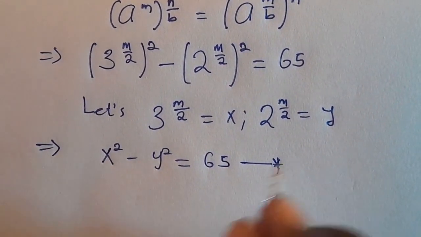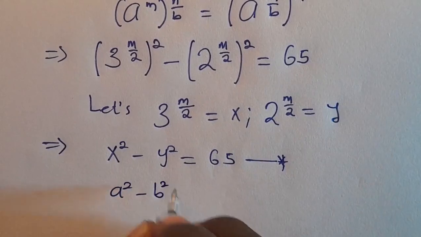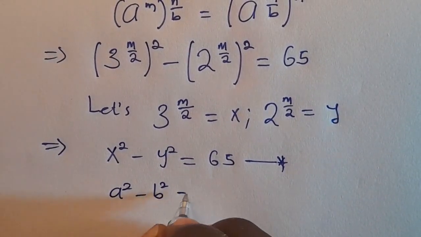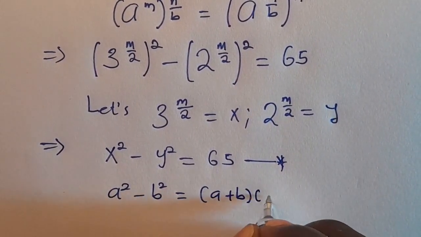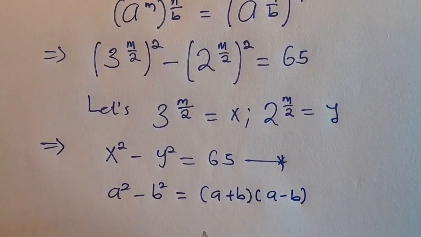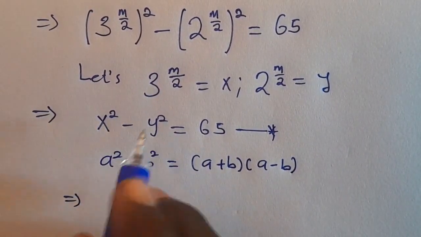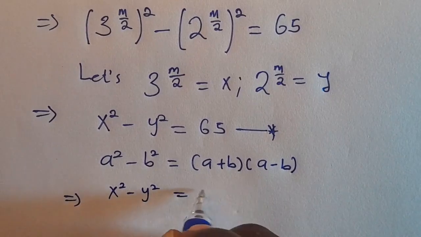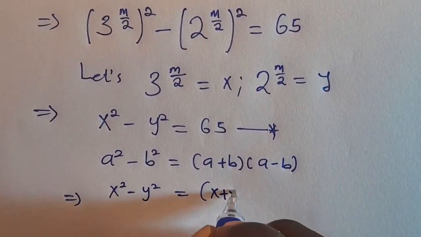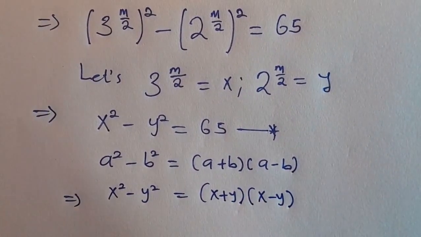But recall, from the difference of two squares, when you have a squared minus b squared, this equals (a plus b) multiplied by (a minus b). So in the case of x squared minus y squared, we have x squared minus y squared equals (x plus y) multiplied by (x minus y).